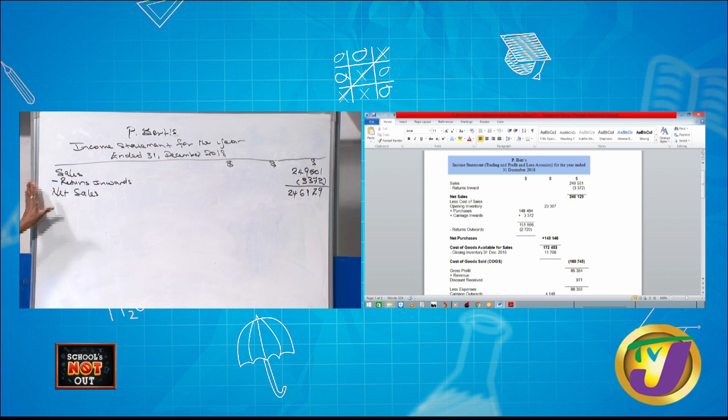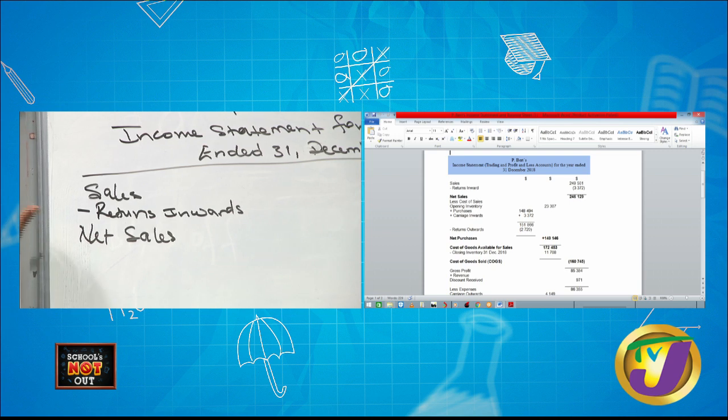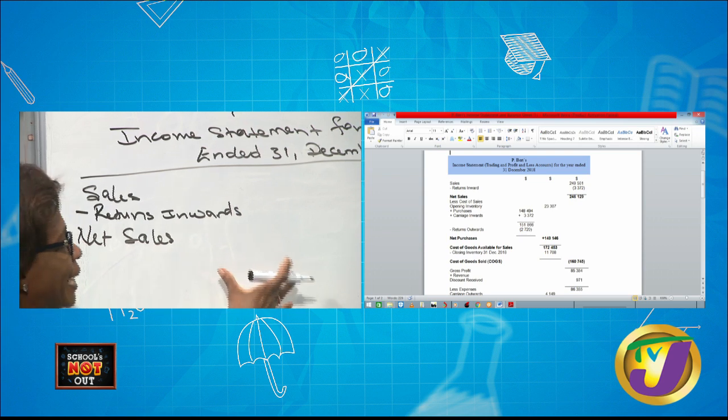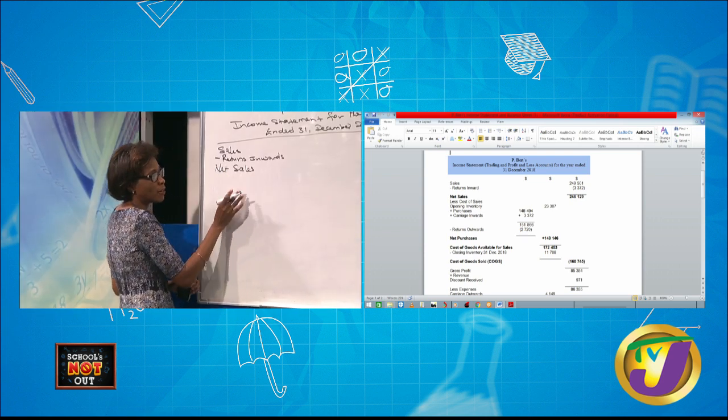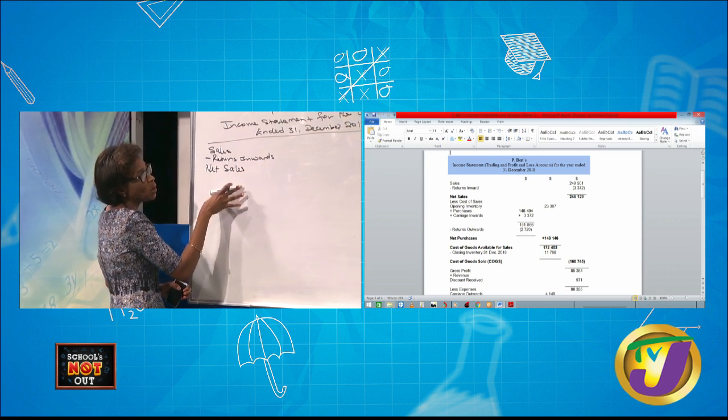The next thing that we're going to do is less cost of goods sold. Remember, we're using the vertical presentation, students, because at this point, we're calculating our gross profit.